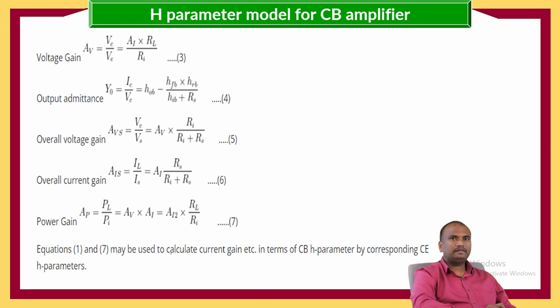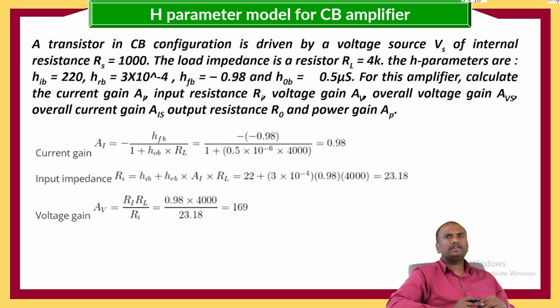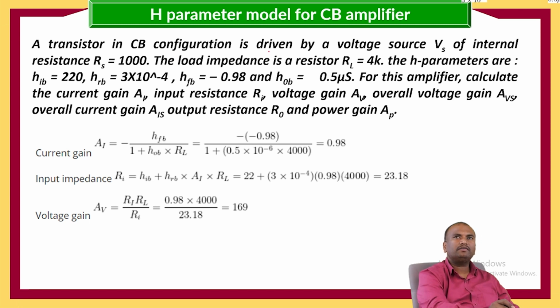So these are used to calculate the current gain in terms of CB H parameters by corresponding CE H parameters. Now let us go with one problem. A transistor in CB configuration is driven by a voltage source Vs of internal resistance Rs equal to 1000 ohms, and the load impedance is a resistor RL equal to 4 kilo ohms.